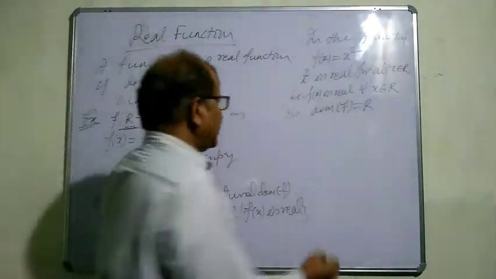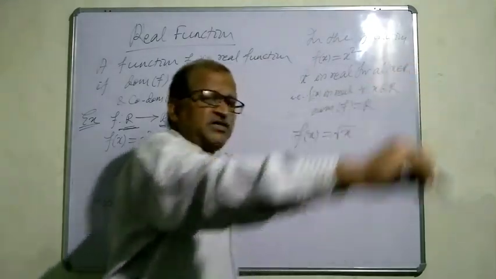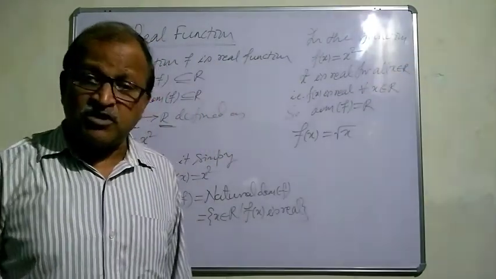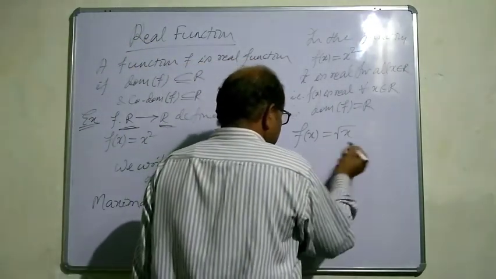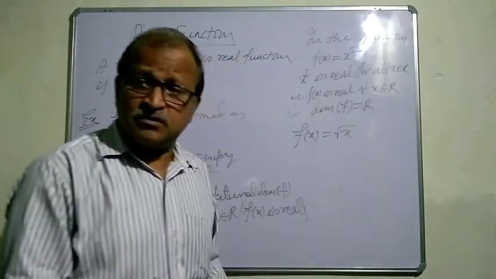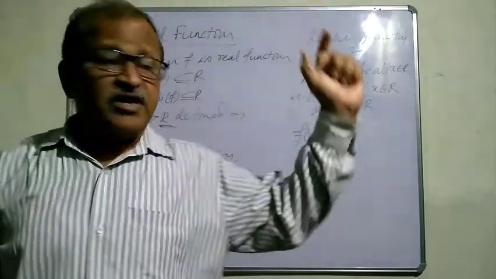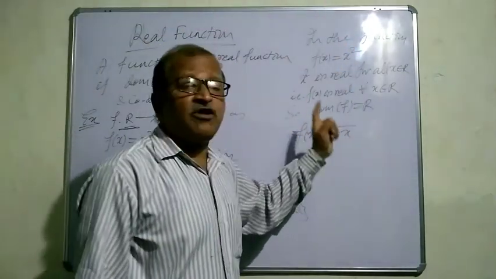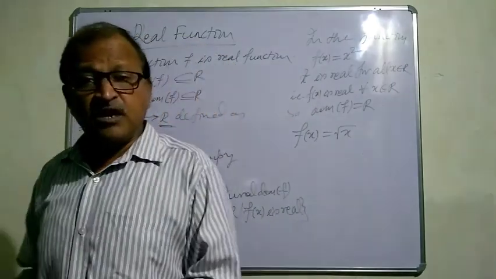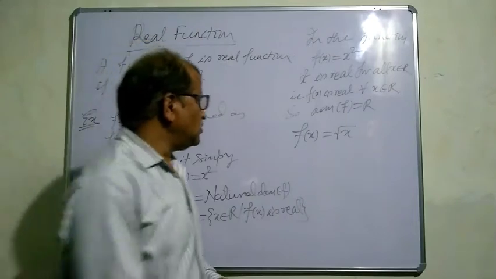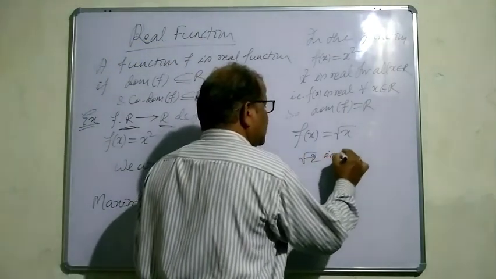But if you take f(x) equal to square root of x, when x is negative, you cannot find the real value of f(x), because the square root of any negative number is not real, it is an imaginary number. Like this, square root of minus 1, minus 2 is not real.